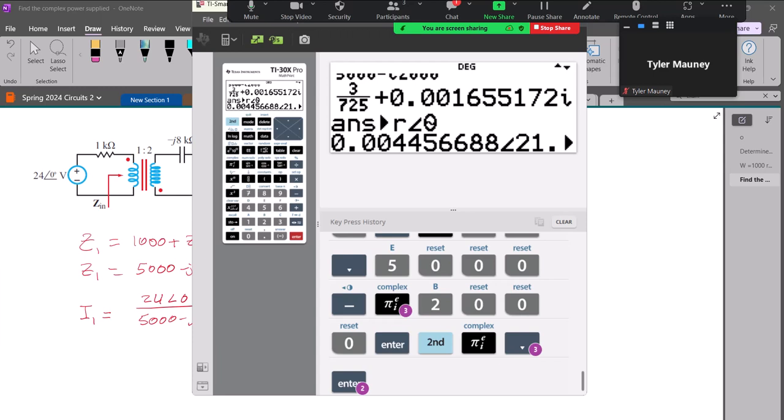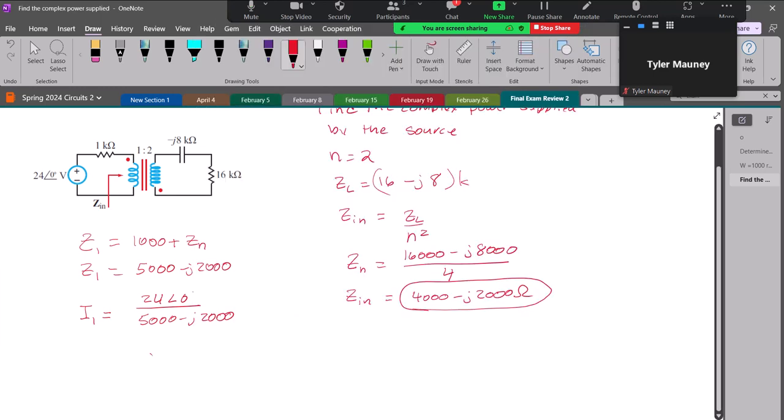Oh, that is right, I was just reading it wrong. Okay, so I get I1 equals 4.457 angle 21.8 degrees milliamps.